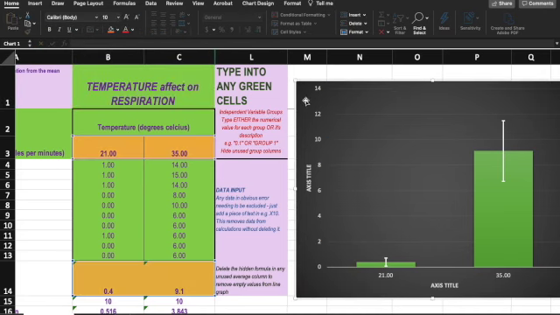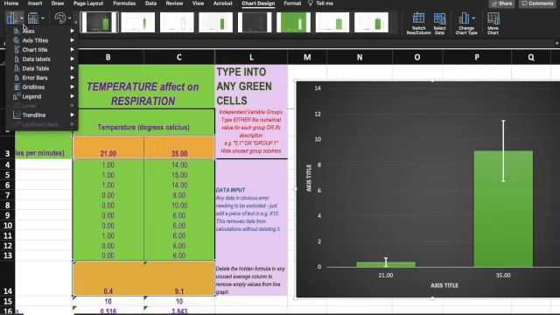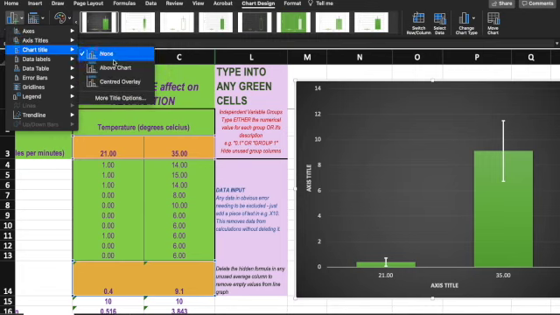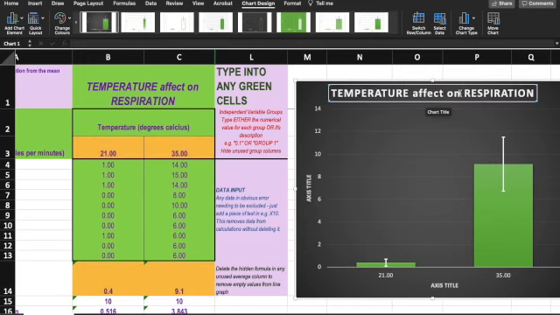And go, where's my chart design? I accidentally deleted my title there, but hopefully you won't do that. I'm just going to put it back and paste. Temperature effect on respiration, there's my title.